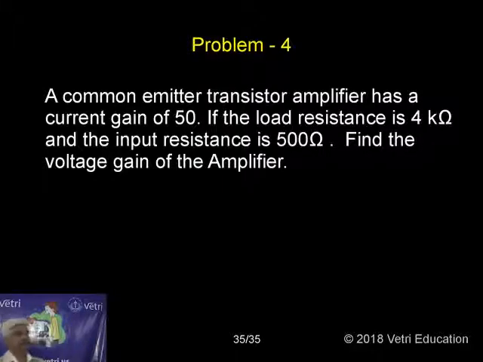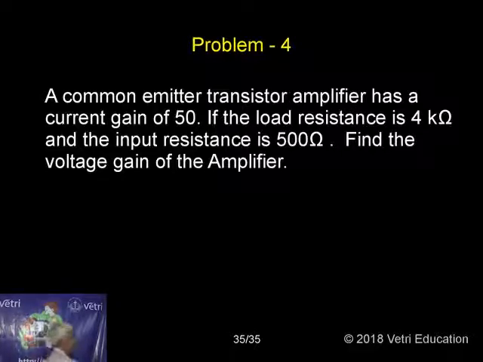Last problem. A common emitter transistor amplifier has a current gain of 50. The common emitter means the beta value is given. If the load resistance is 4 kilo ohm and the input resistance is 500 ohm, find the voltage gain of the amplifier. This is also very simple.